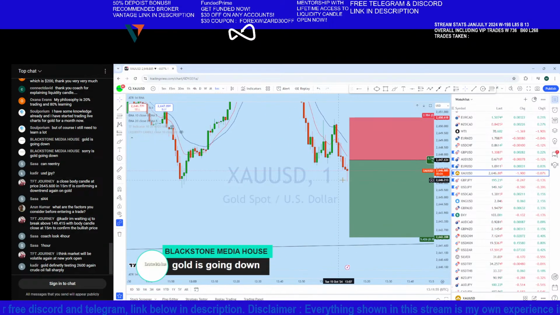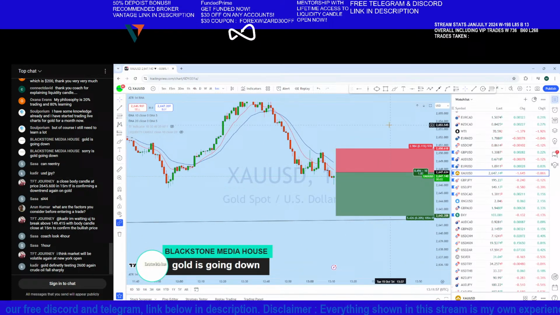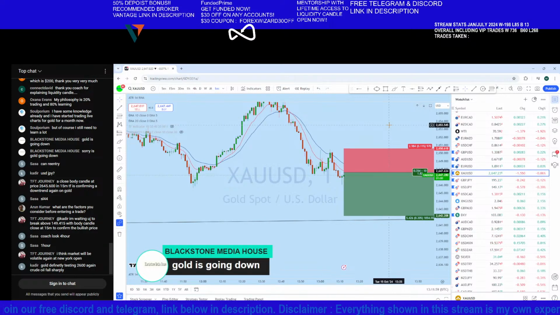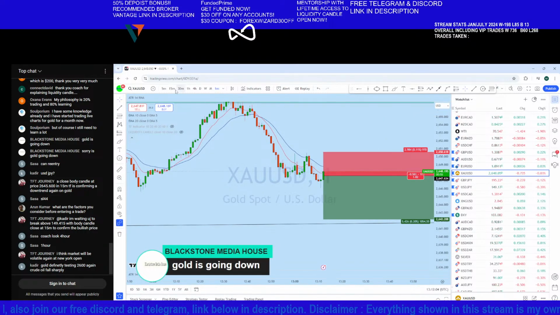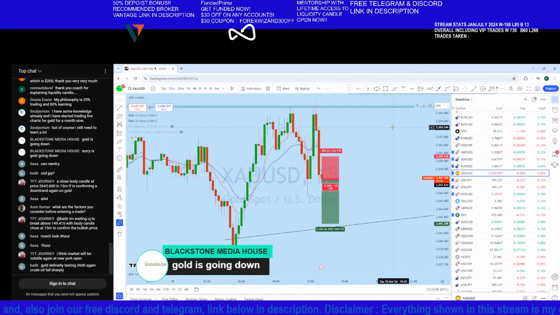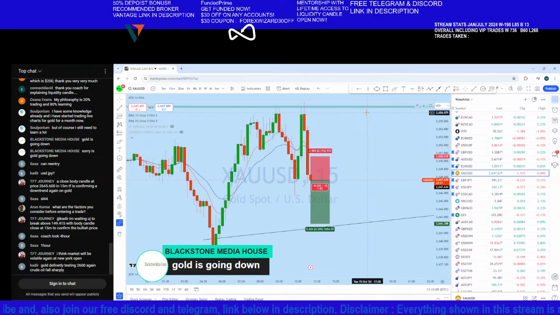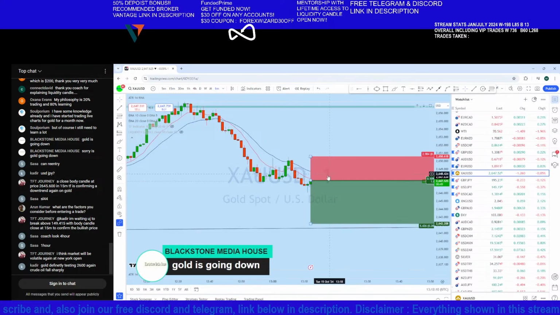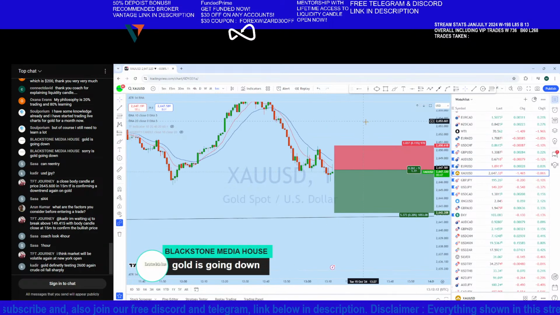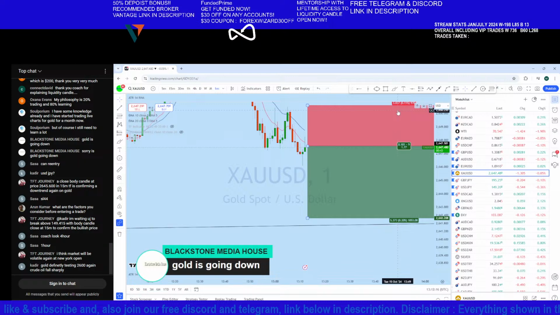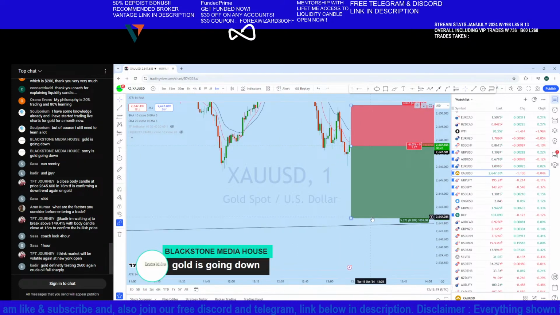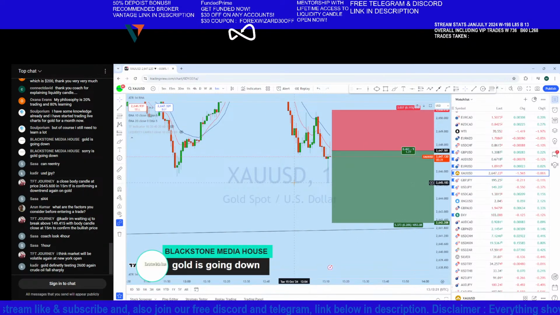If it reverses, I want to see a 1 minute rejection candle, which is needed to show the market returning in that direction.